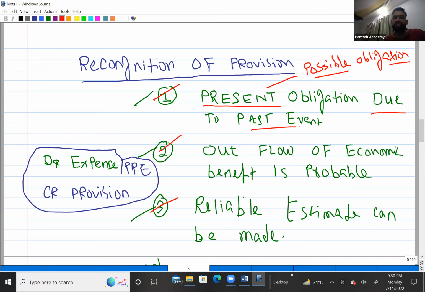So that is known as a contingent liability. So that contingent liability has to be disclosed in the financial statements. Okay, you clear? You get it? Everyone?